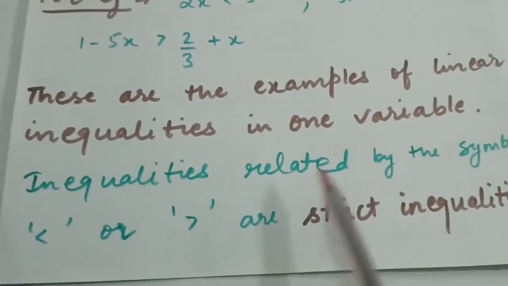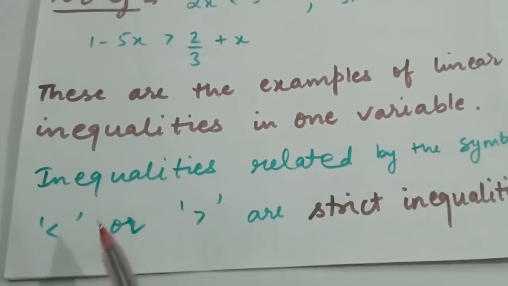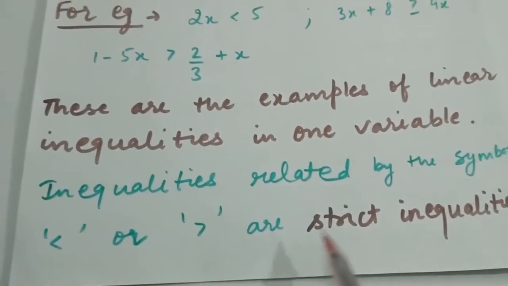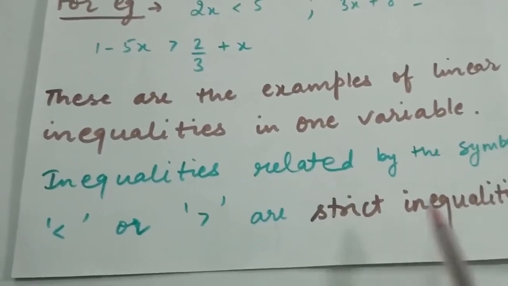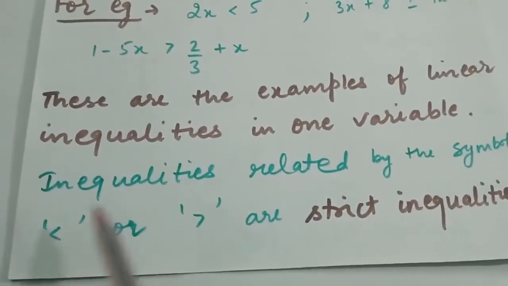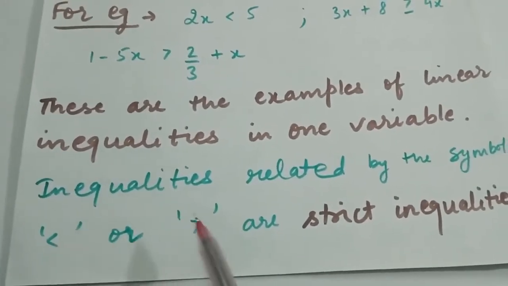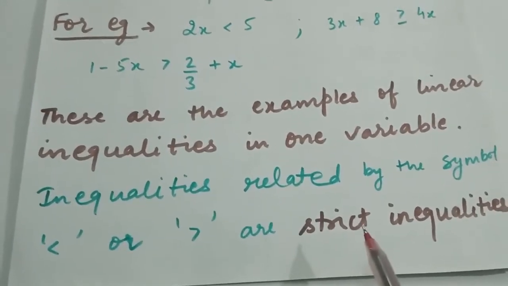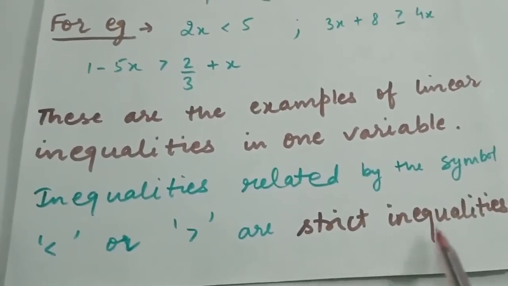Now inequalities related by the symbol less than or greater than are strict inequalities. When in inequalities you have used either of these symbols, less than or greater than, those inequalities are said to be strict inequalities.